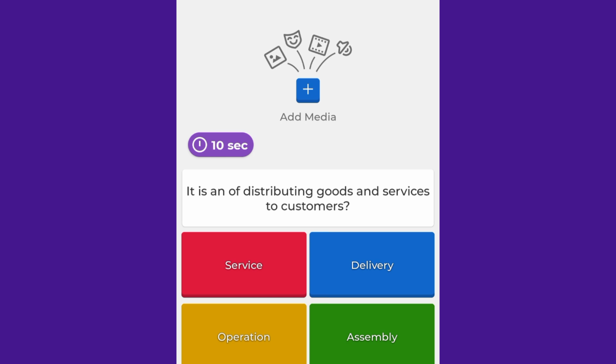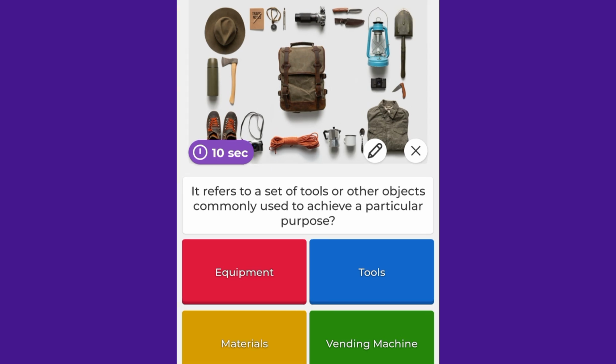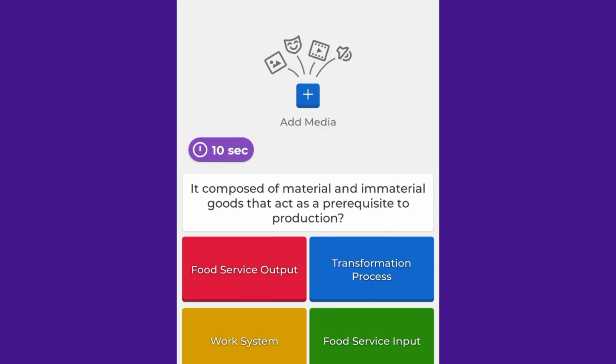Second, it is a way of distributing goods and services to customers. Third, it refers to a set of tools or other objects commonly used to achieve a particular purpose. Fourth, it refers to a set of tools or other objects commonly used to achieve a particular purpose. And lastly, it is composed of material and immaterial goods that act as a prerequisite to production.